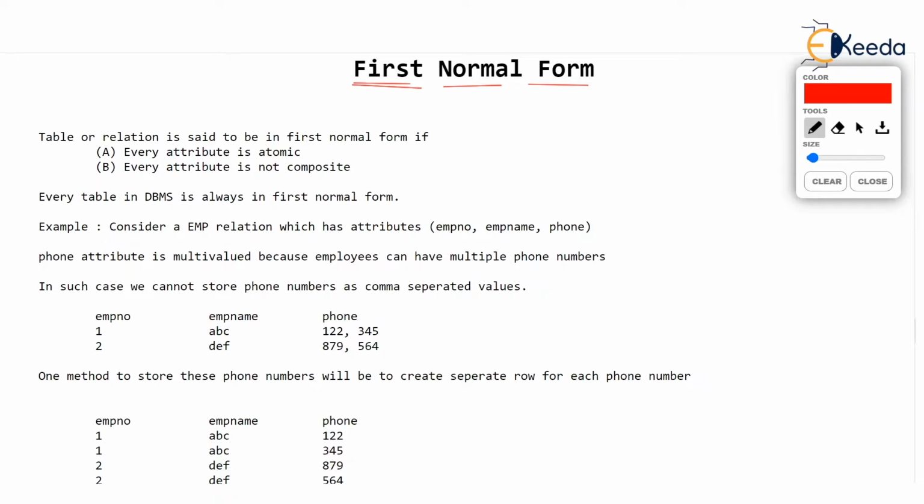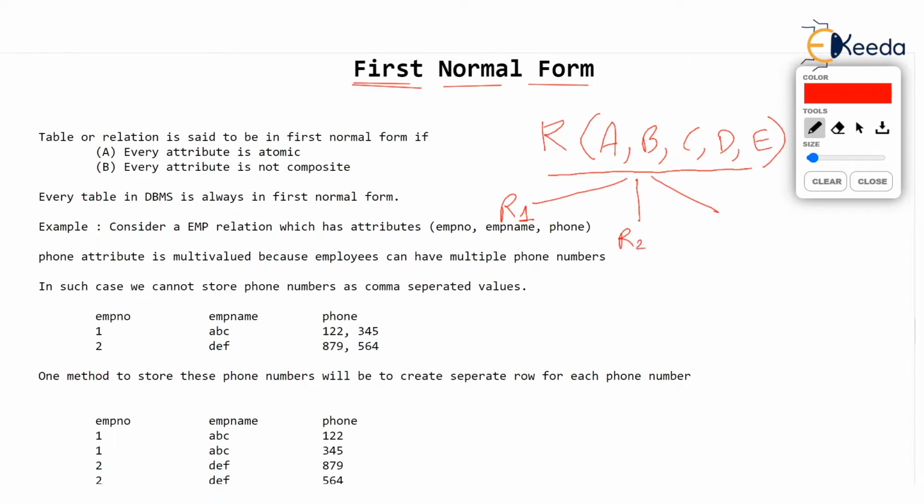The videos to follow will explain that if some table is given, such as R, which contains five attributes A, B, C, D, E, and we see that there is some redundancy in this table, with some data getting repeated, then we may split this table into smaller tables. Let's say we decompose this bigger table R into smaller tables R1, R2, R3.